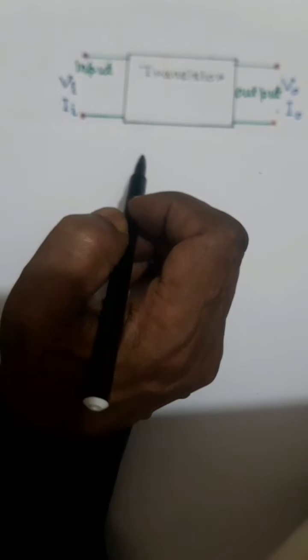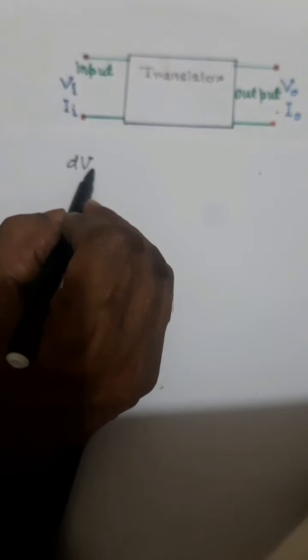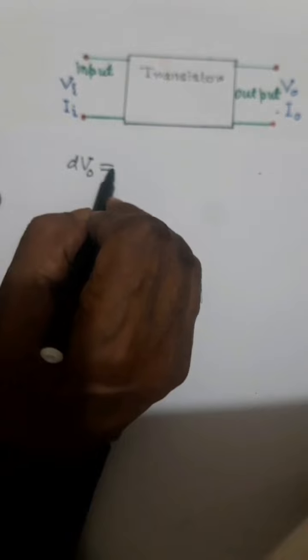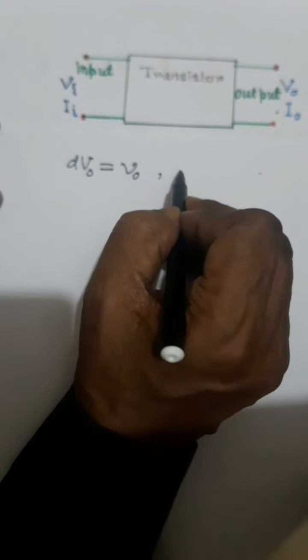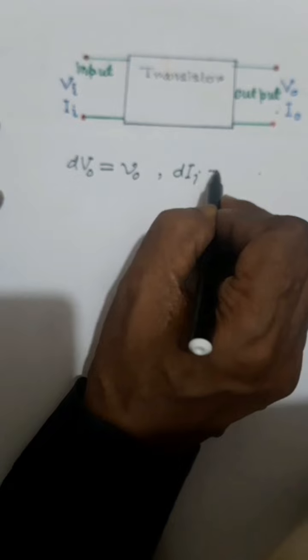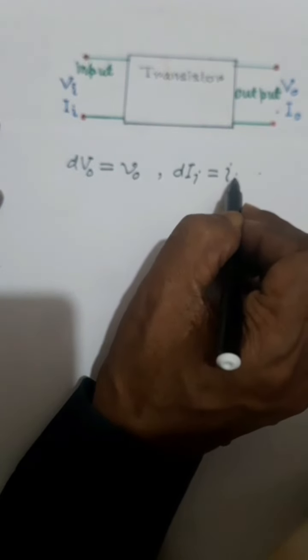A change in DC voltage is an AC voltage, and a change in DC current is an AC current. That is, dVo, change in output DC voltage, is the AC output voltage Vo. Change in DC current dIi is small ii, AC current.